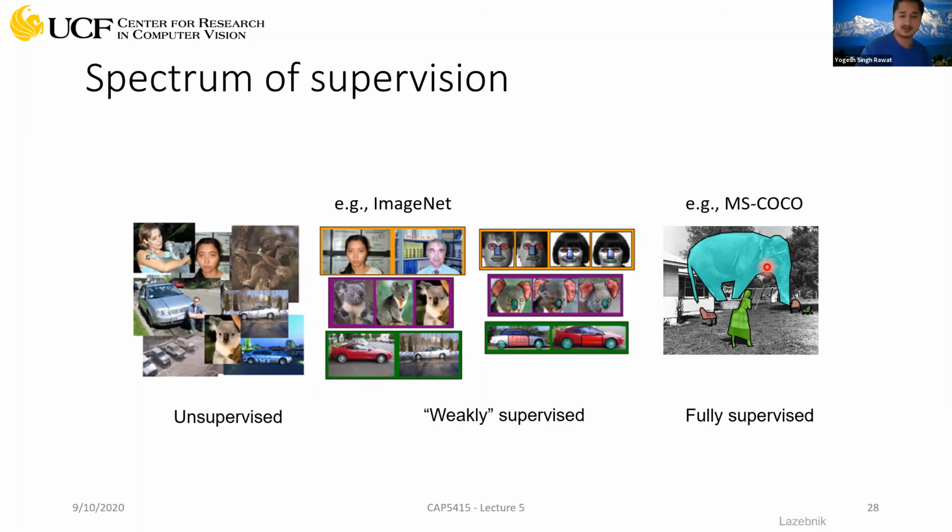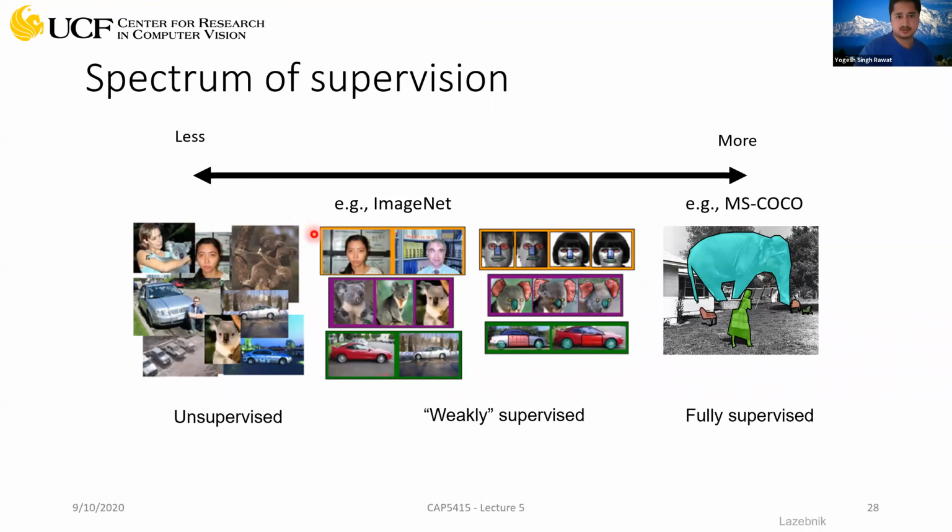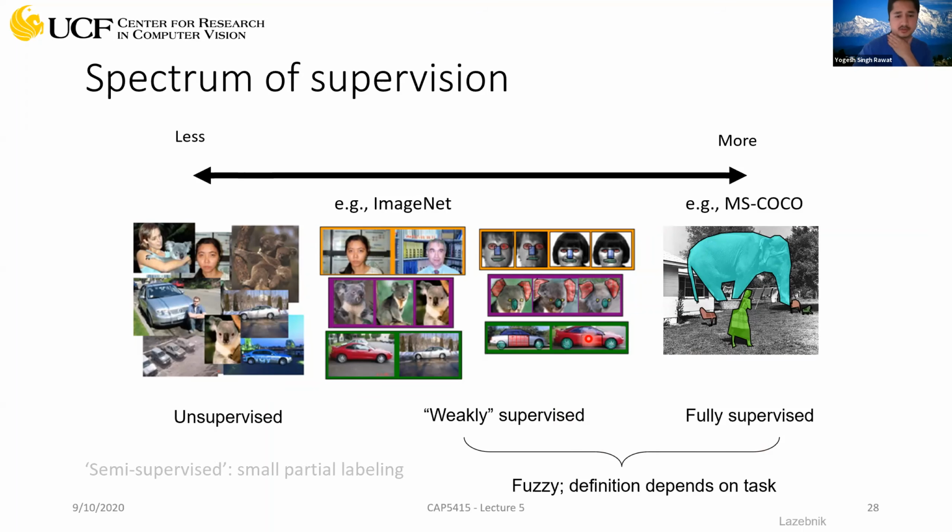And the other extreme is unsupervised. In this case, you don't have any labels at all. So this is more labels, this is fewer labels. Now this is kind of fuzzy and depends on what kind of problem you're solving. There is another variation which we call semi-supervised.